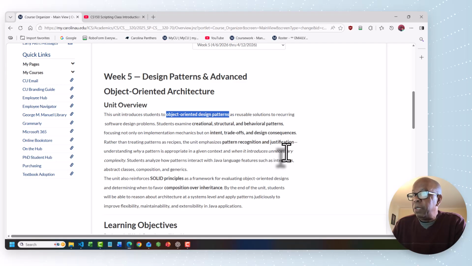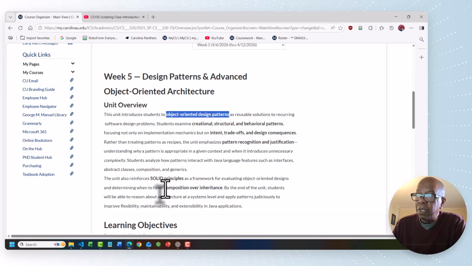When is introduction necessary, unnecessarily complex? You're going to analyze how patterns interact with Java language features, such as interfaces, abstract classes, which we kind of covered in the last class, composition, and generics. The unit also enforces SOLID principles as a framework for evaluating object-oriented designs and determining when to favor composition over inheritance.